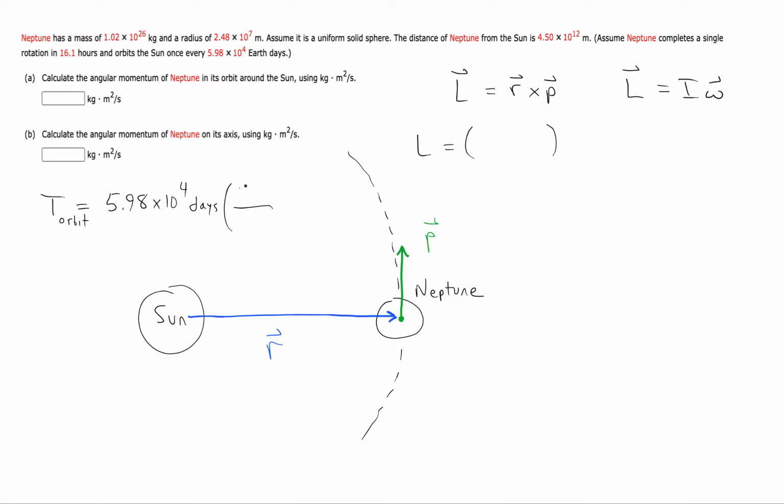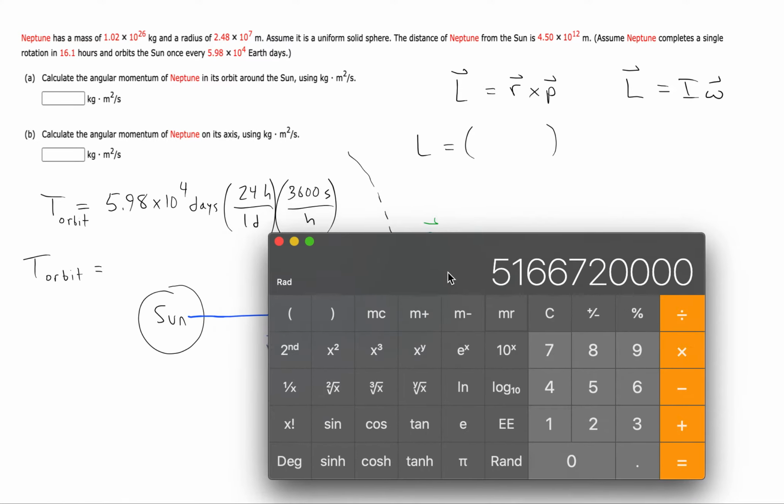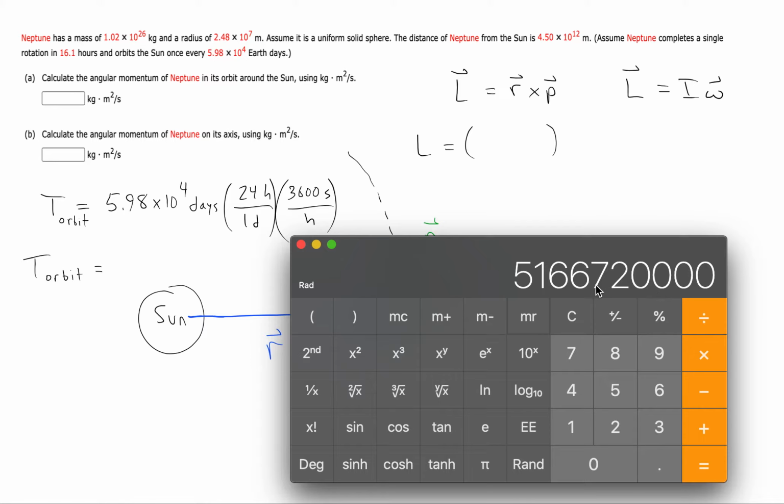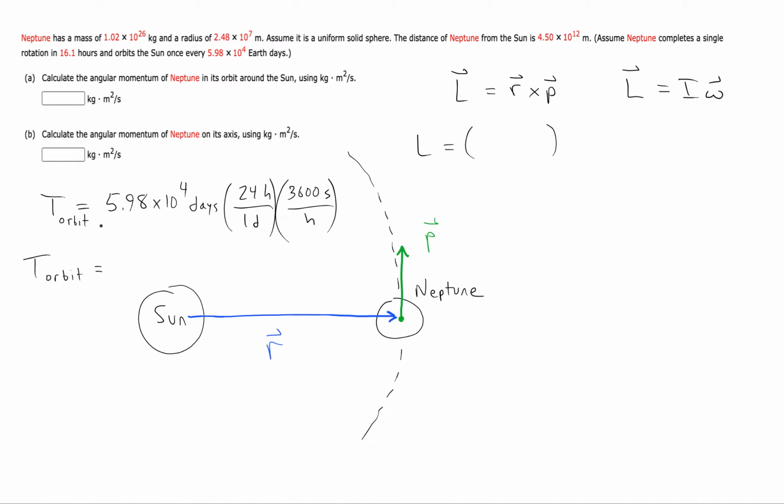Day is 24 hours. 3,600 seconds in an hour. So the period of orbit then is 5.17 times 10 to the 9 seconds.